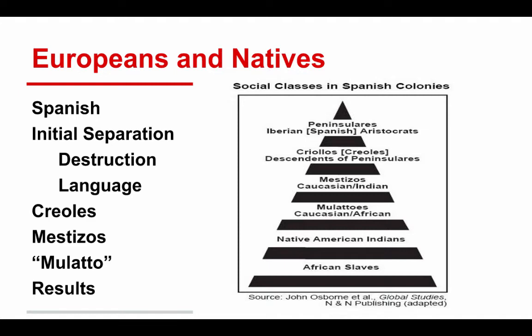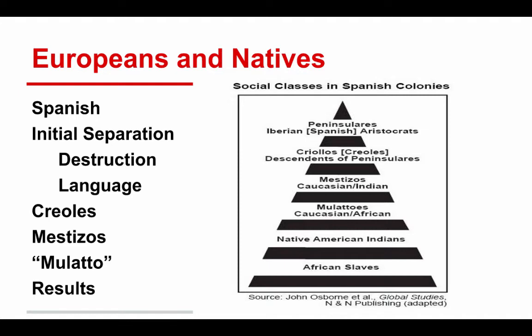They destroy the city of Tenochtitlan, they enslave people, they ban cultural expression, they replace their languages. If you notice in the Americas today, of course, you have Spanish and Portuguese and French and English, but no one's really speaking Mayan or Aztec or Zapotec. That's pretty much all gone.